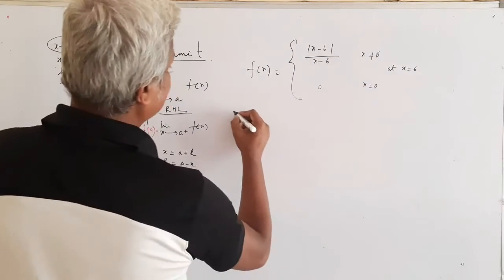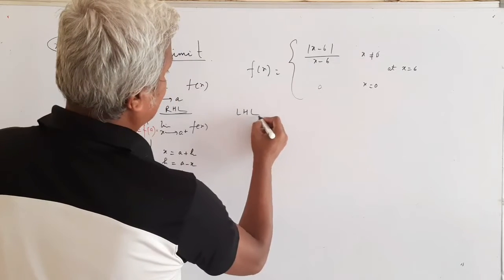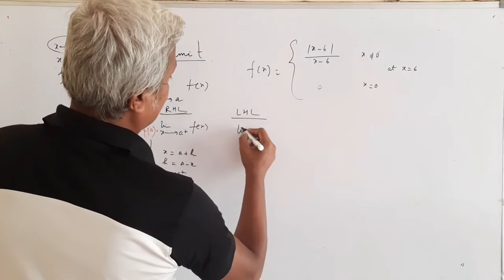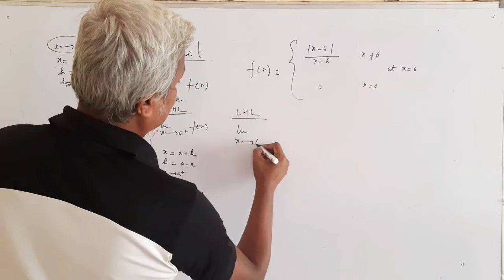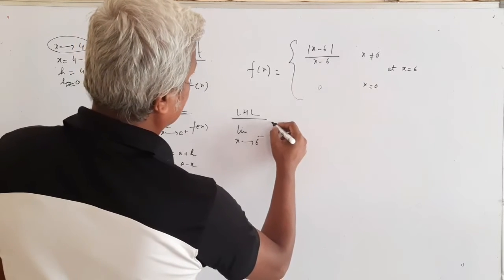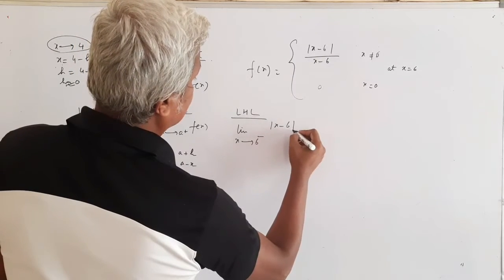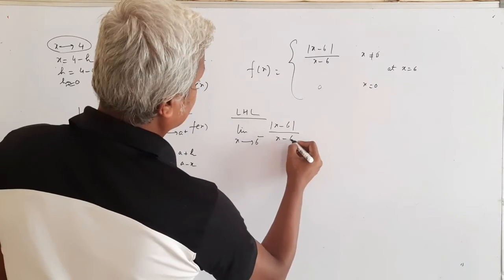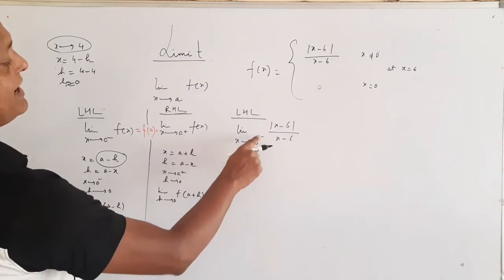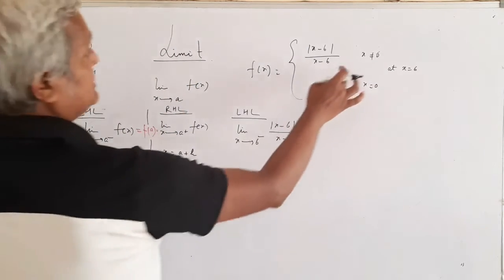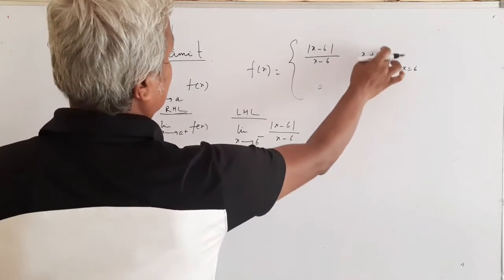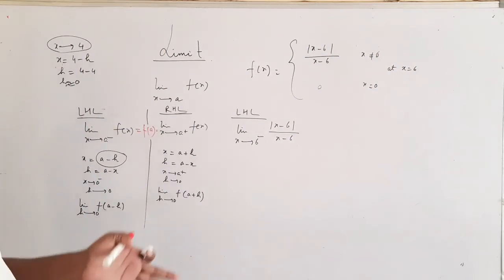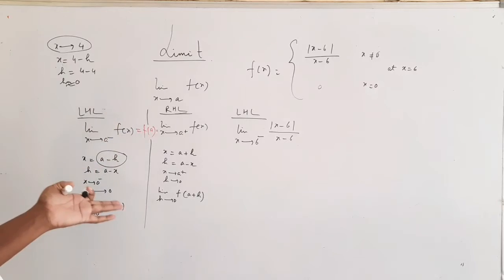So what we'll do, first we'll write the left hand limit, limit x tends to 6 minus of mod x minus 6 over x minus 6, because when x is 6 minus, meaning less than 6, this is the case when x is not equal to 6.